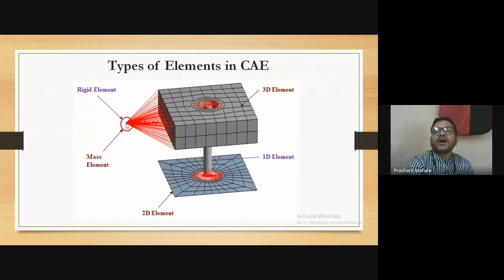Anything like mass concentrated somewhere at its CG, its center of gravity. So what is this CG? You revise that again. This is one of the guiding diagrams which will guide you on how to select the element for different shapes of any mechanical object.